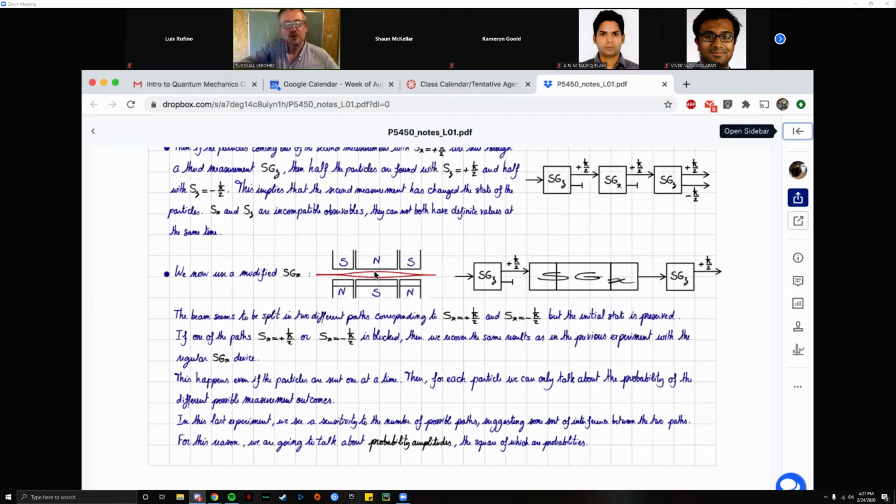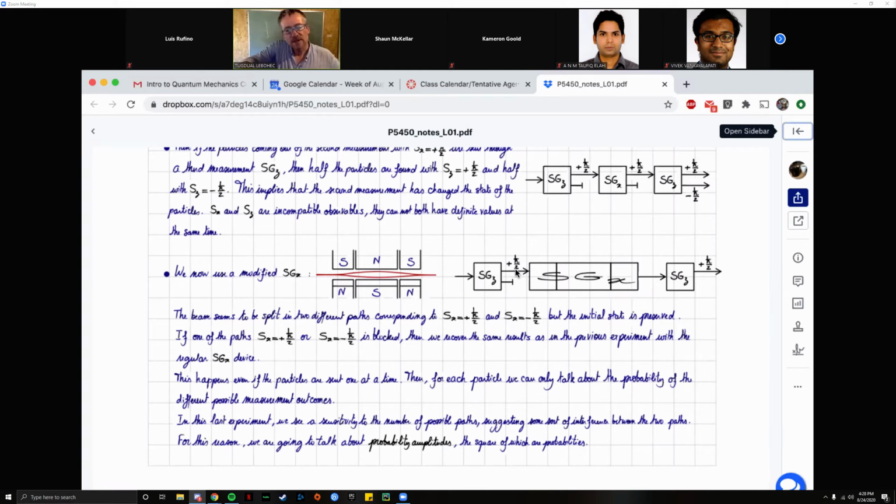Because you see that each particle, so let's say one particle arriving here, you see my pointer, right? One particle arriving here is spin up, as you said. So the Z component of its angular momentum is positive.